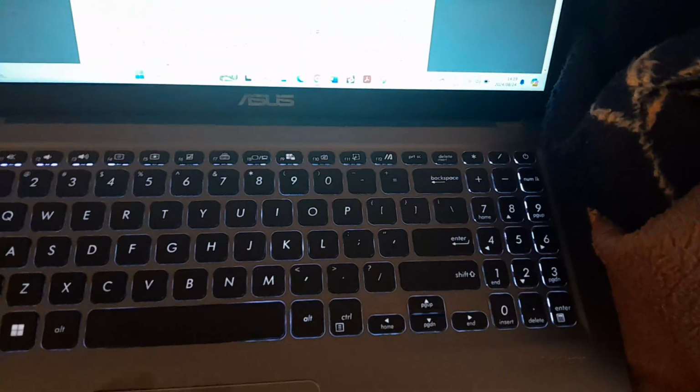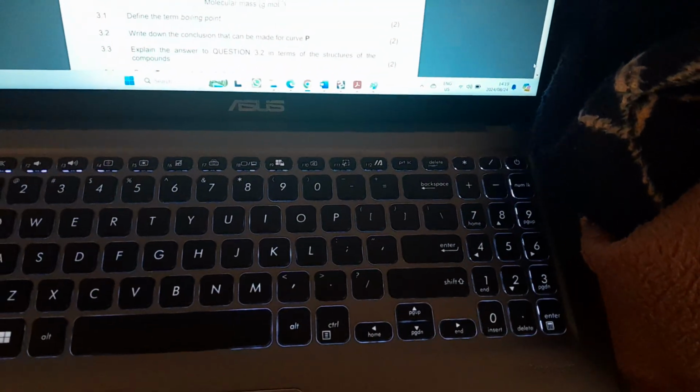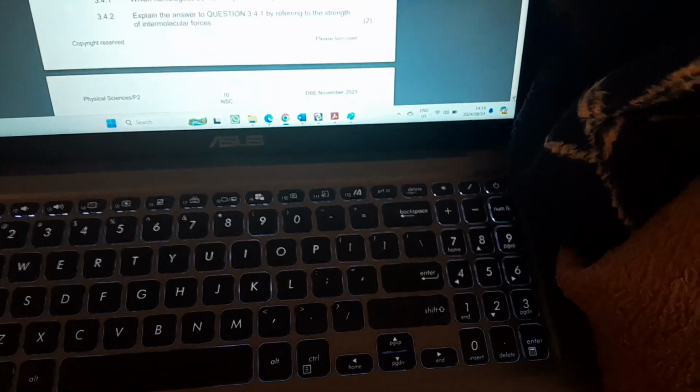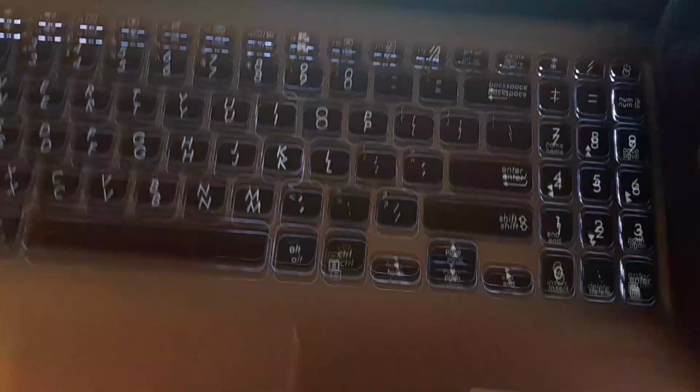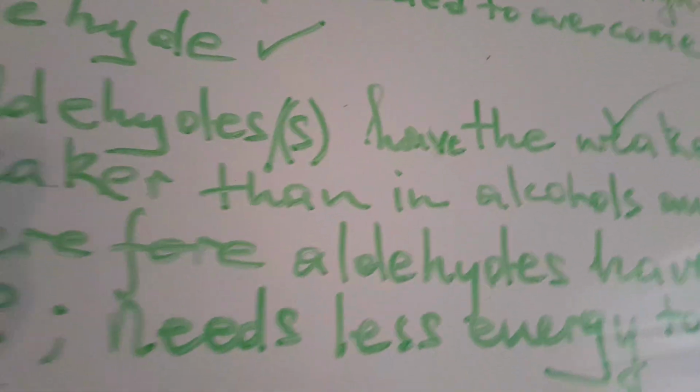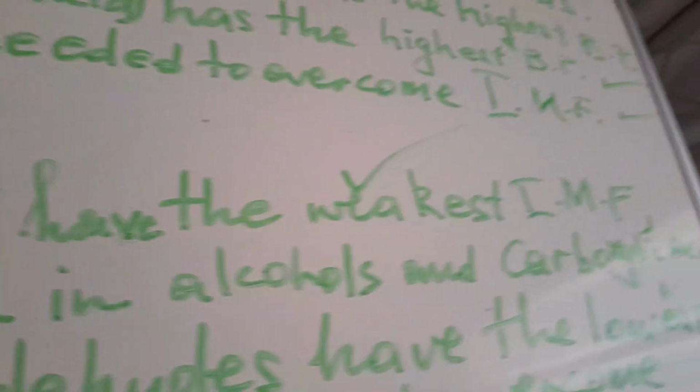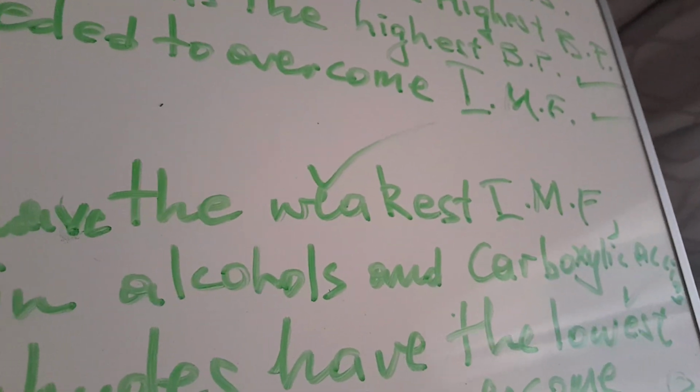Then you have to give the reasons why you are saying that. You have to explain. We are at 3.4.2. You would say that aldehydes, which is curve S, have the weakest intermolecular forces.